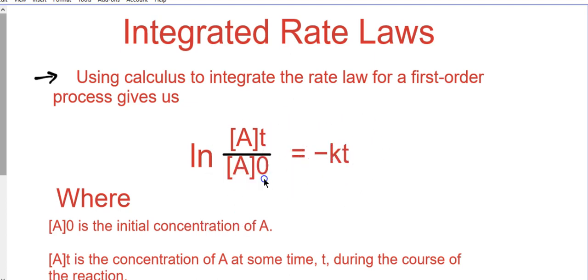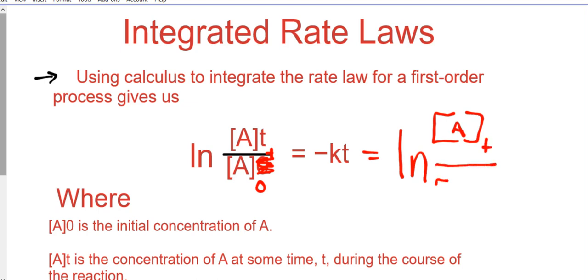That's an A naught. That thing's supposed to be down there, and the t is supposed to be down here. So how about I just rewrite it? Negative kt equals the ln of A at some time over the concentration at time 0, which is also known as the initial concentration.